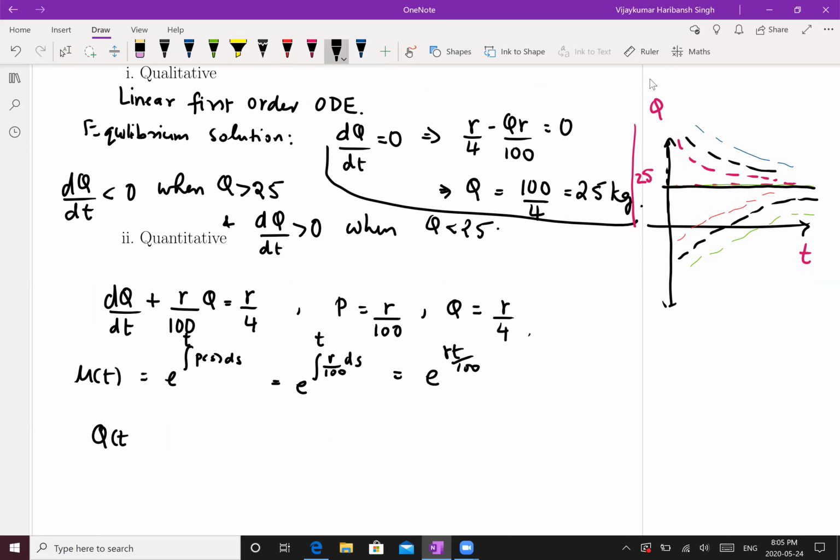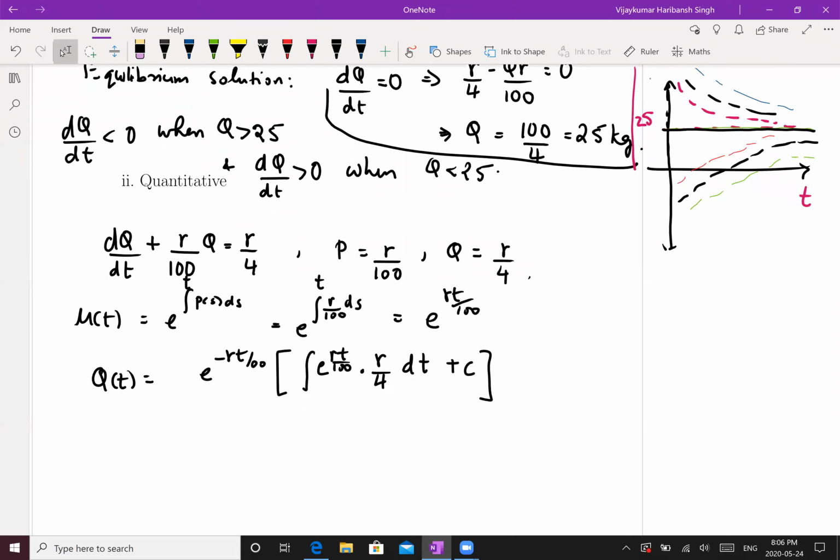So Q of t is 1 by mu of t, which is e to the power minus Rt by 100, multiplied by the integral of mu of t times q of t. Mu is again e to the power Rt by 100, and q is R by 4, dt, plus a constant C. So this is how your solution looks. Now, if you integrate this, you will see.